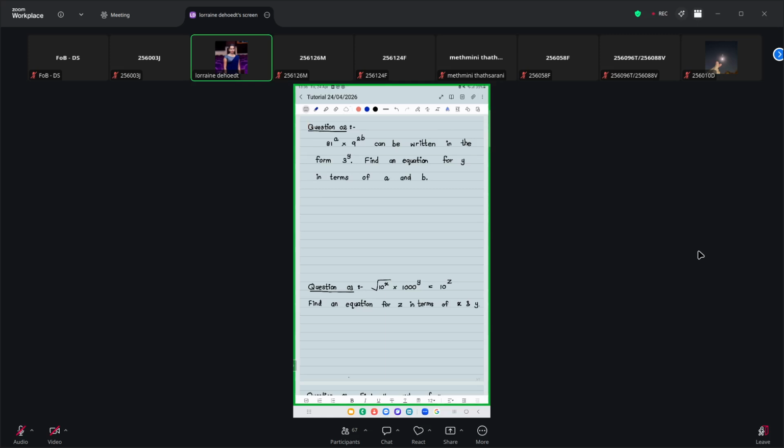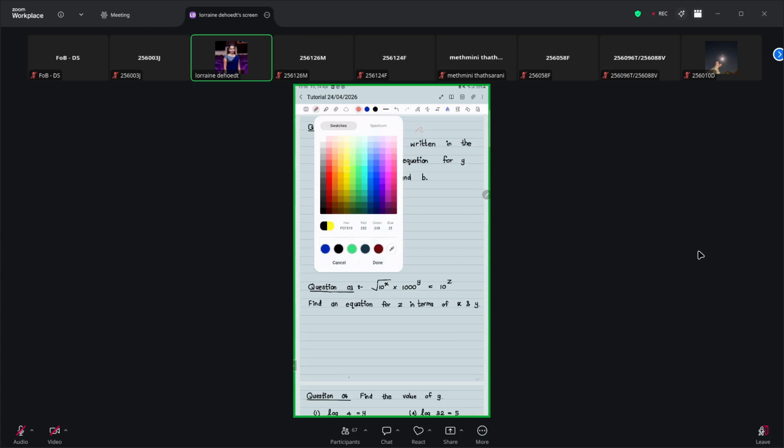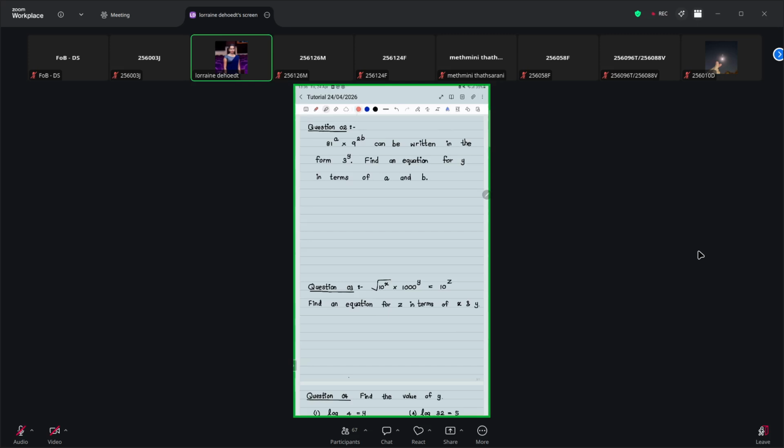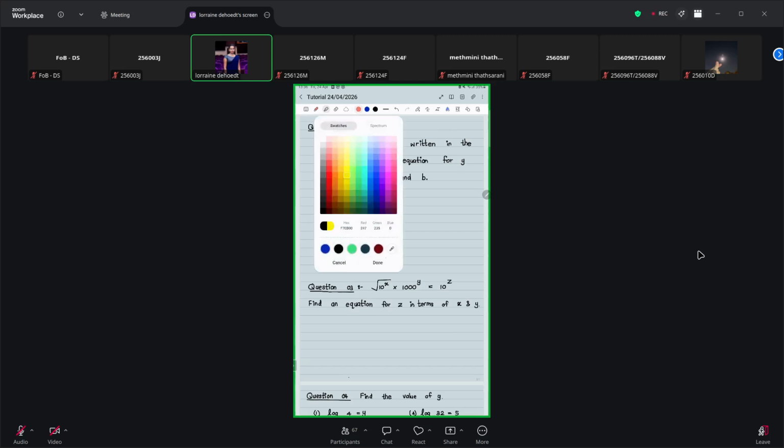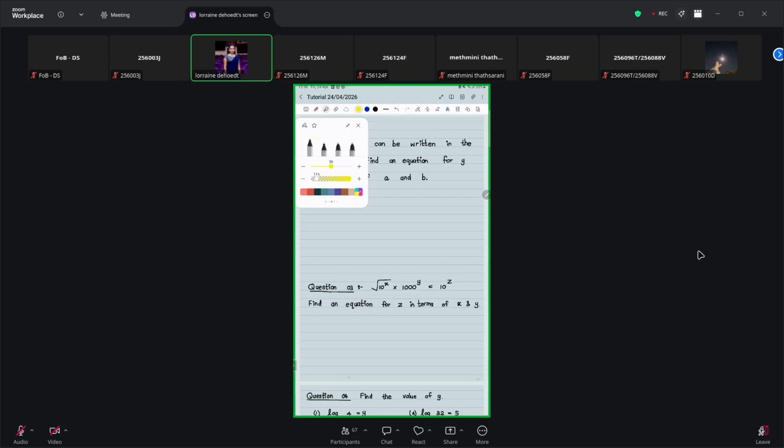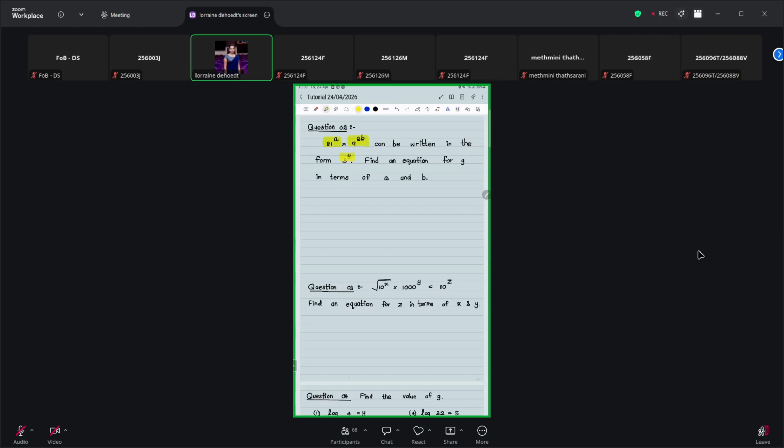In here, they say 81 to the power a into 9 to the power 2b can be written in the form 3 to the power y.